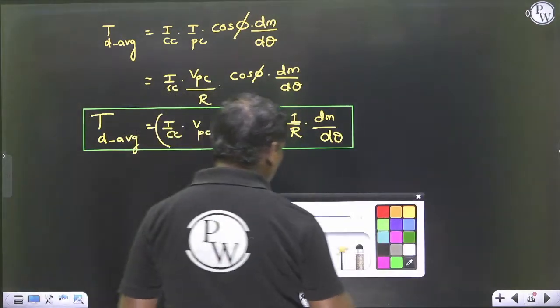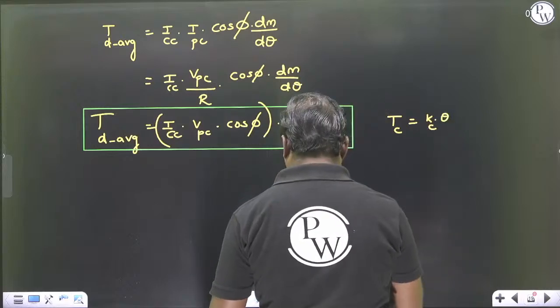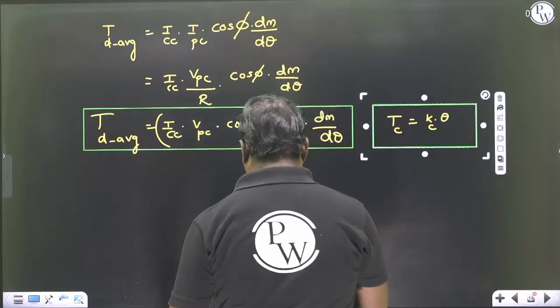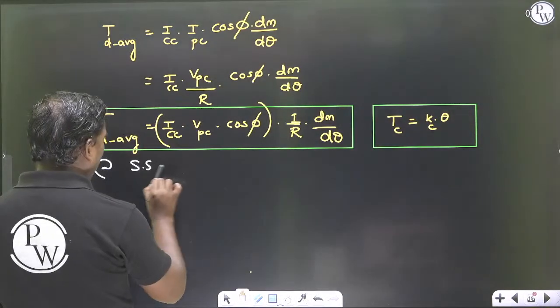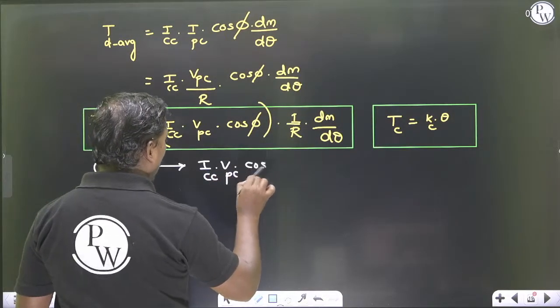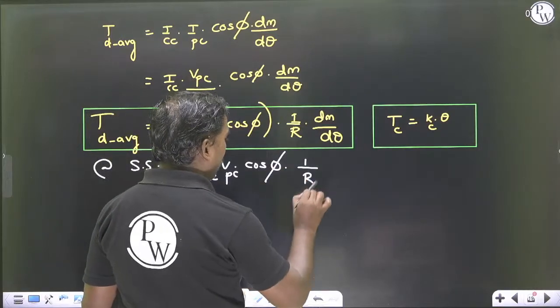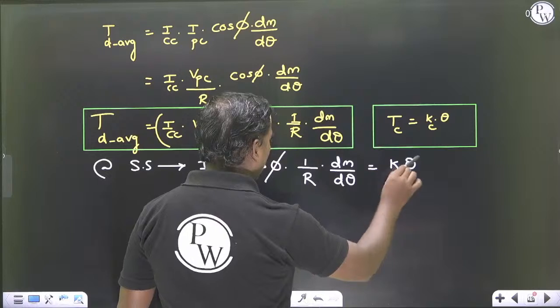This is the controlling torque. At steady state, if you equate these two, I_CC V_PC cos phi 1 by R dM by d theta is equal to K_C theta.